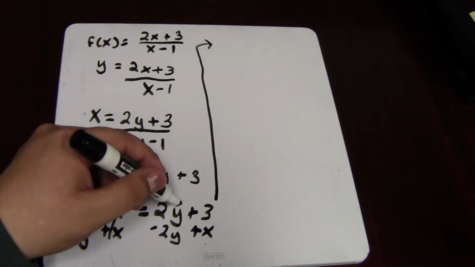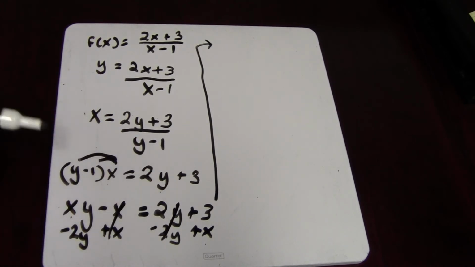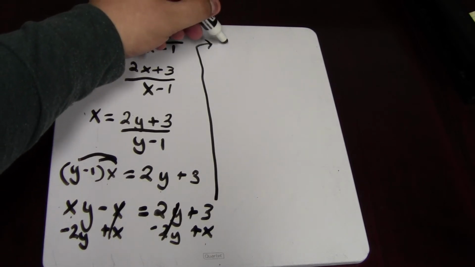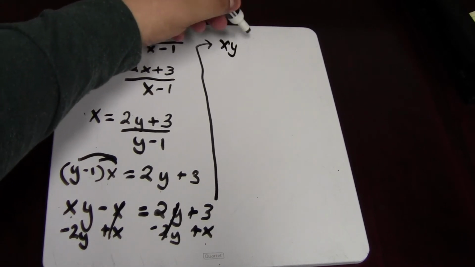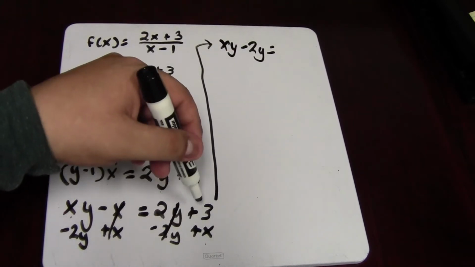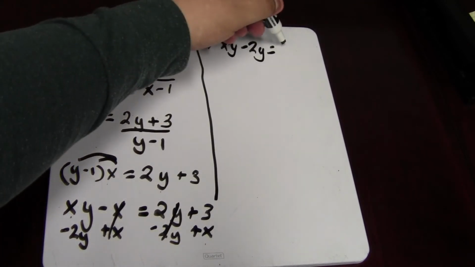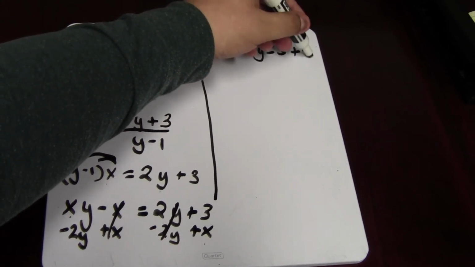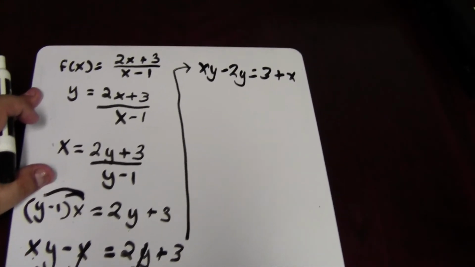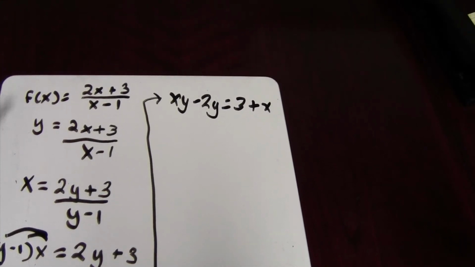So those x's go away and those 2 y's go away. Let's write what we have left over here. We have xy minus 2y equals, and then over here we just have 3 plus x. Let's bring this down a little closer.